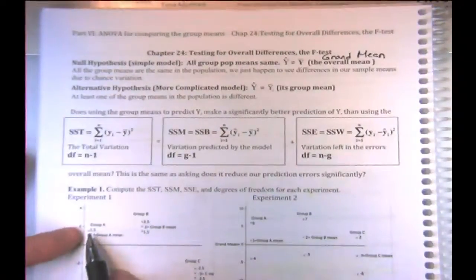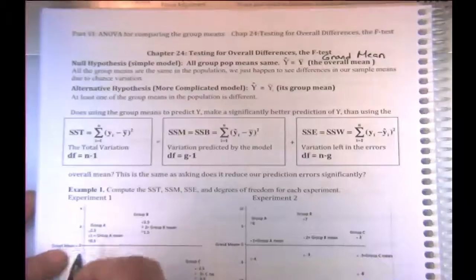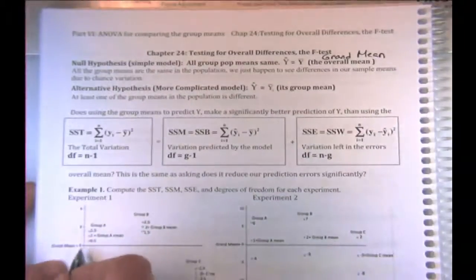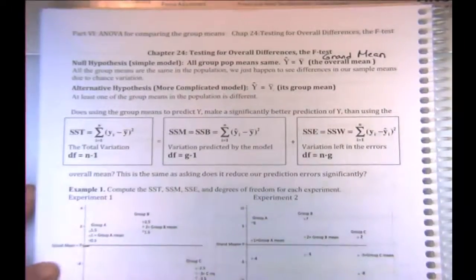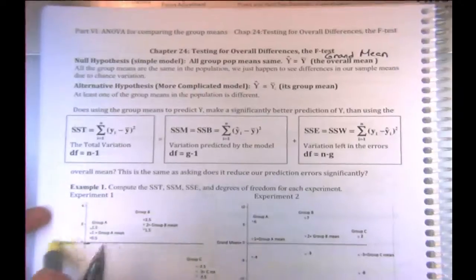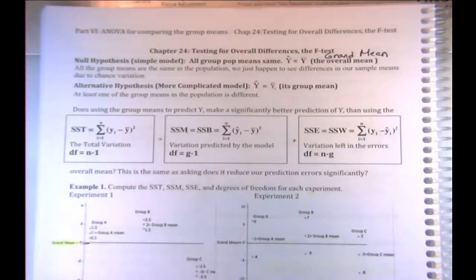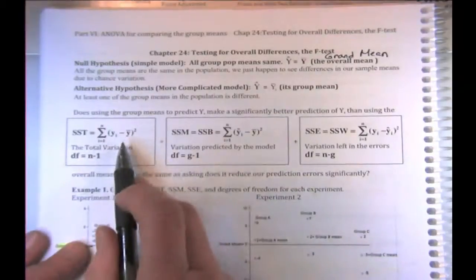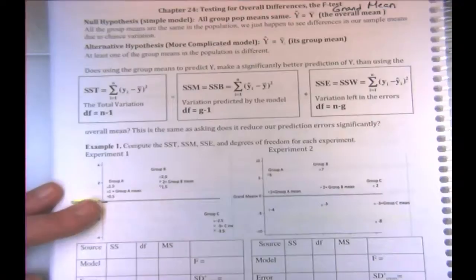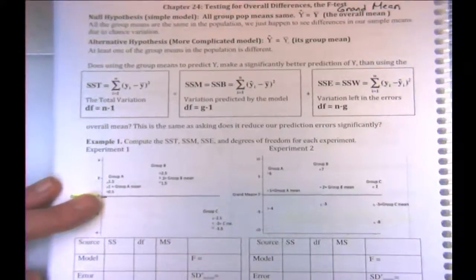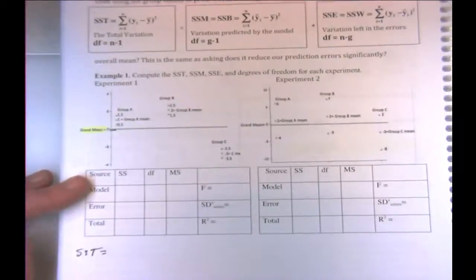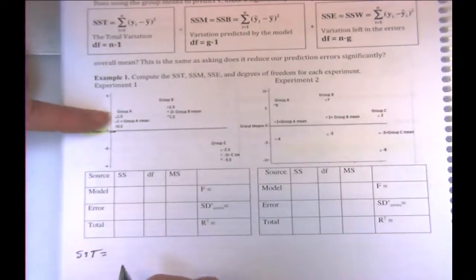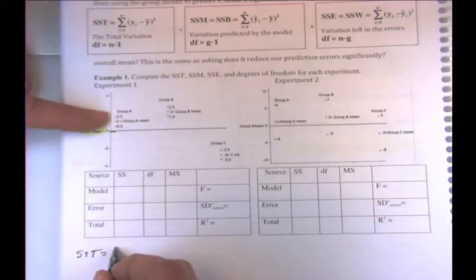If you average all 9 points, I drew it to make it super easy, our grand mean is equal to 0 in this example that we're going to go through. So for the sum of squares total, I can do it right here. We might as well do it because that's what we have to fill in right here. The sum of squares total. And let's just go through it. What am I doing? I'm taking every point. So the first one is what? 1.5. And what am I subtracting off?